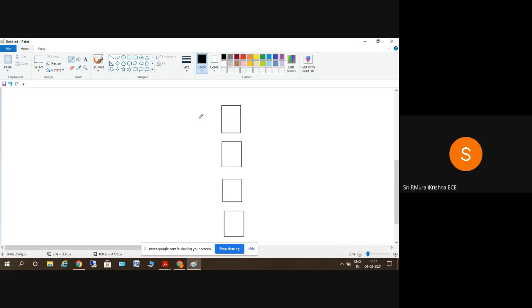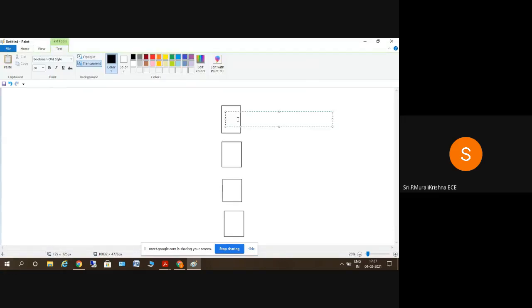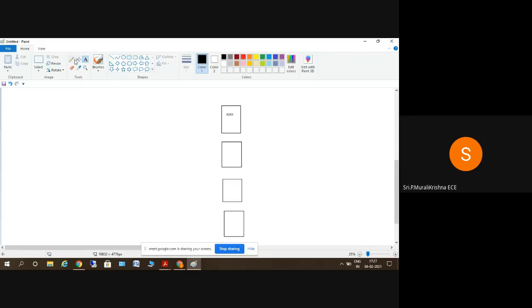So four inputs and eight outputs. Each one is a 32 into 8 ROM.